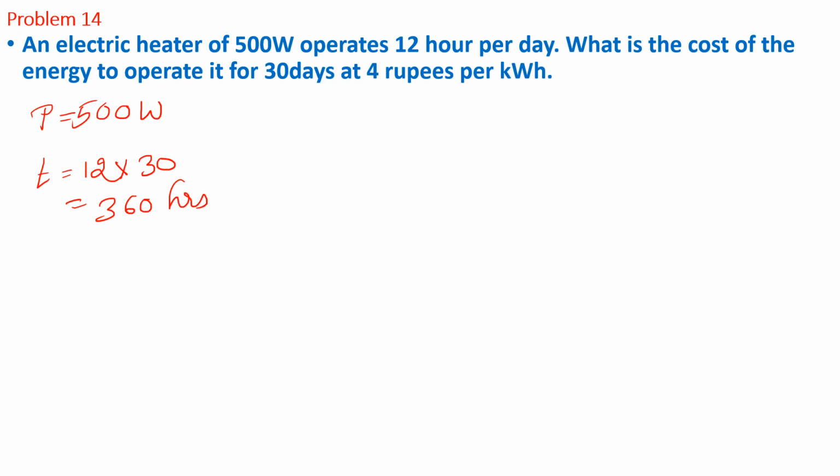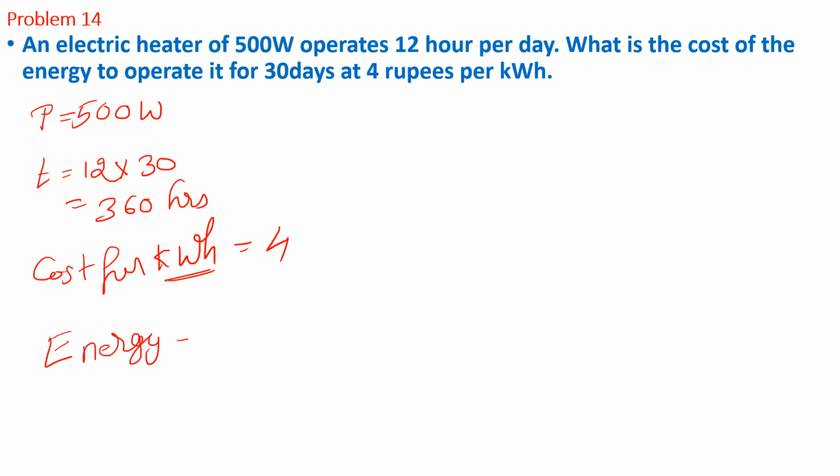And they are asking what is the cost. The cost per kWh, that is 1 unit, is given how much? 4 rupees. Then we need to find out how many kWh. How to calculate the energy in kWh? Kilowatt hour, watt into hour we have to multiply. So energy is equal to the power into time.